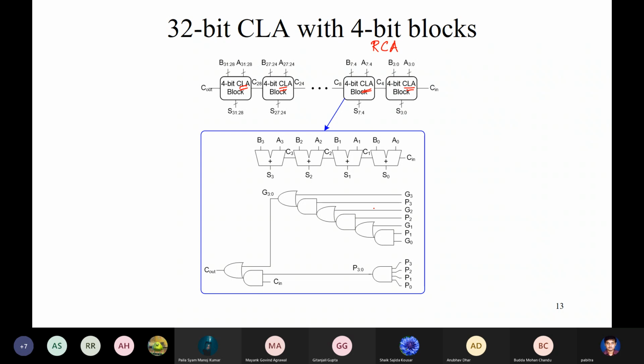Maybe 4 is the maximum fan-in. So instead of a single 32-bit ripple carry adder, we have 8 individual 4-bit carry look ahead adders connected in a ripple mode. So the delay would be reduced by 4 times. That's the idea.